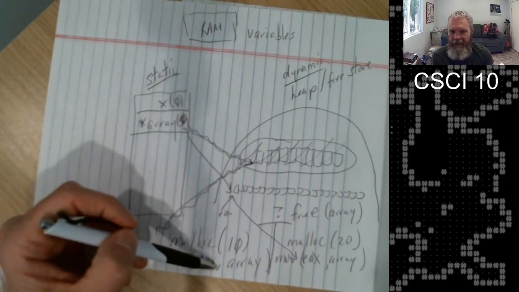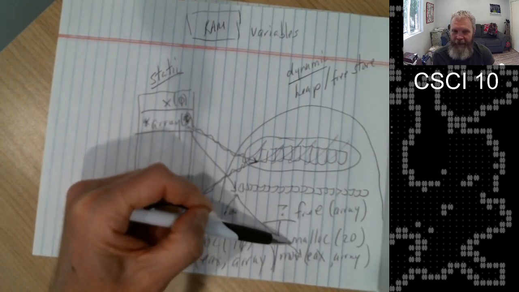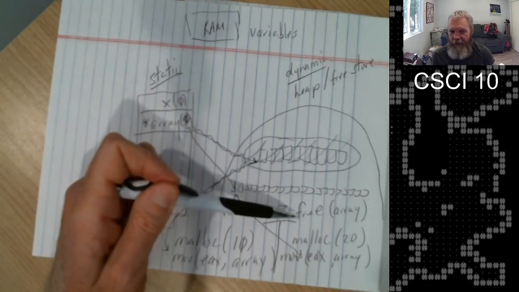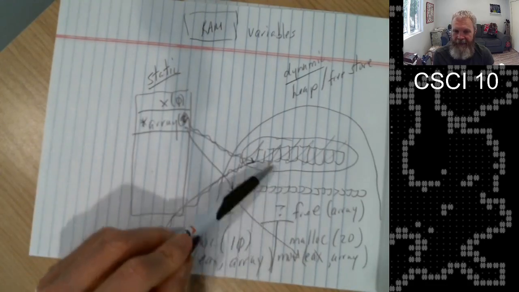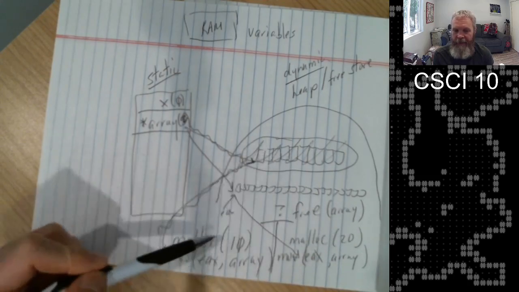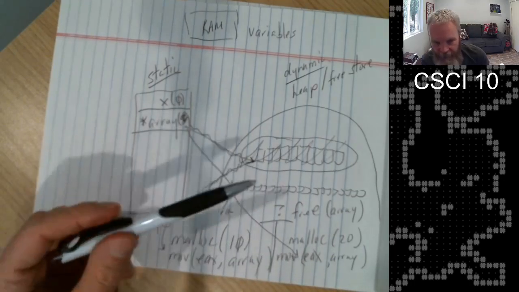So you allocate, you use the memory, and then you free it before you allocate again. Now sometimes you don't actually free before you allocate, but in this case, to avoid a memory leak, I need to make sure and free the original block of memory before I allocate a new one.